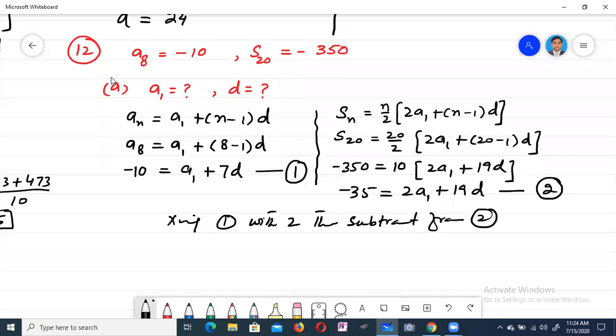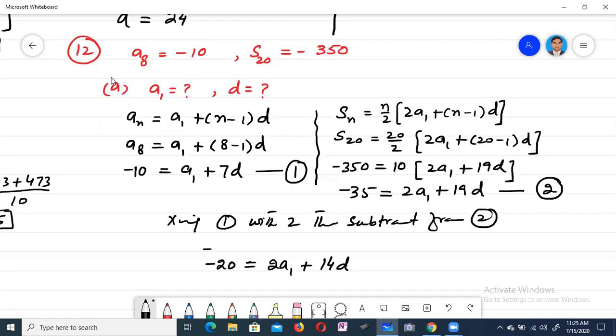Equation 1 is minus 10 is equal to a1 plus 7d. We will multiply this one with 2. Minus 10 twos are minus 20 is equal to 2a plus 7 twos are 14d. Then we are subtracting from equation 2.